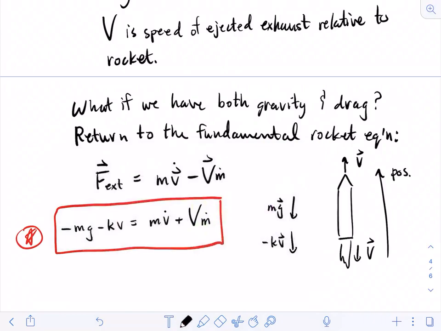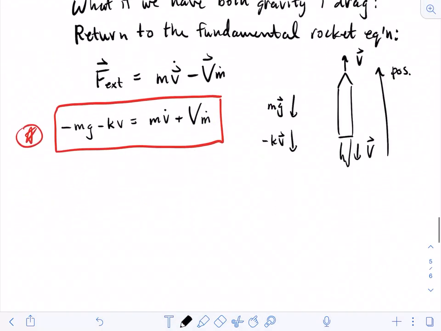Like I said, we're going to proceed with the type of analysis that we just did for the drag force. So we use, again, the fact that we expect the velocity of our rocket to be a function of mass, which by the chain rule led to v dot being written as dv/dm times m dot.